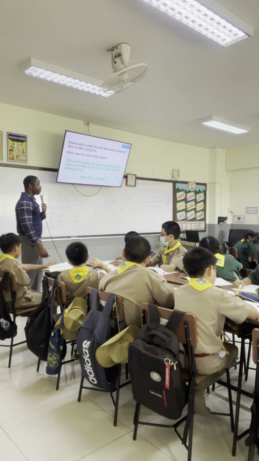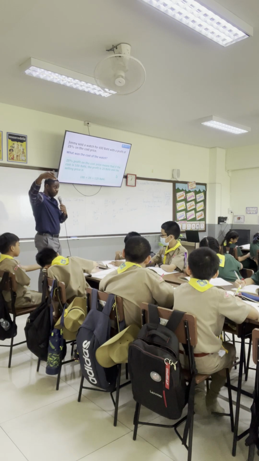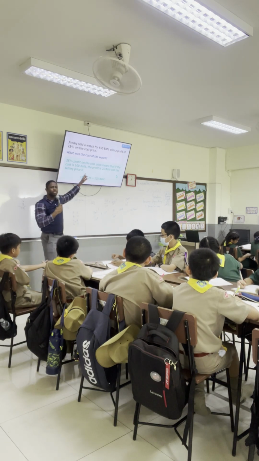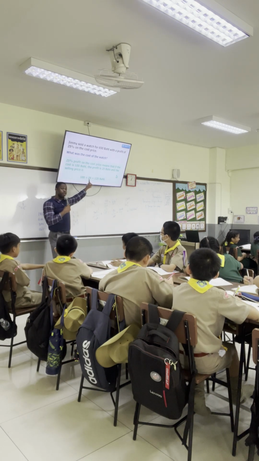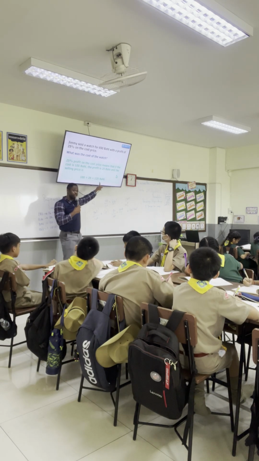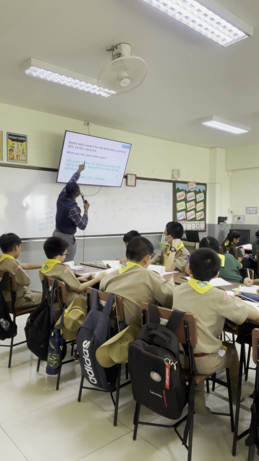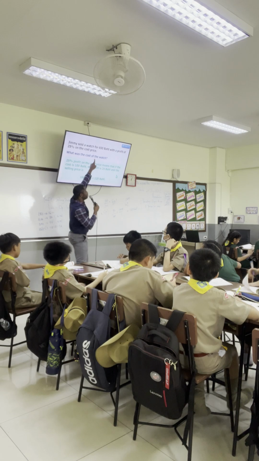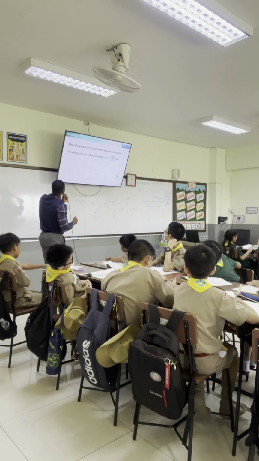Remember, profit means 100 plus the number. So if it was loss, it would be 100 minus 25. Okay? Profit means 100 plus 25. Now, look at the question. Jimmy sold. We know the selling price, but we do not know the cost price, right? What method is this?